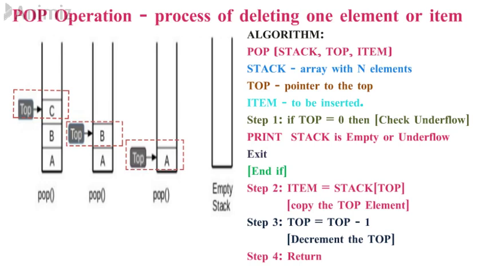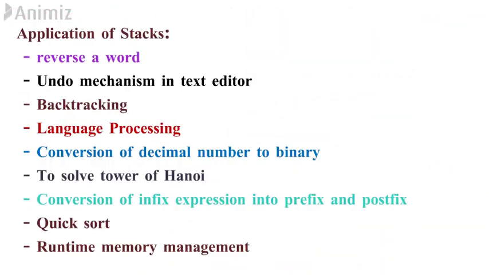If your top is equal to 0, then your stack is empty, or underflow. Otherwise, if your top is not equal to 0, then you have some elements in the stack. Then item is equal to stack of top. You are taking that particular item from the topmost position and decrementing your top. Top is equal to top minus 1. Then it is return.